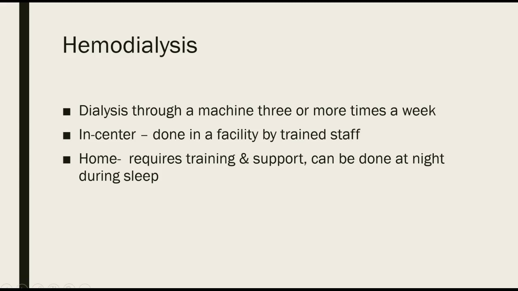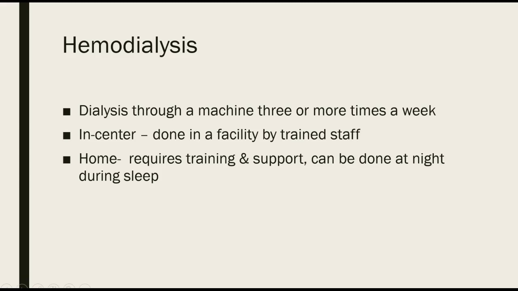Hemodialysis is dialysis given through a machine, and it's done about three or more times a week. Typically 3 times a week is a schedule you'll see most often, and it happens for about 3 hours each time.